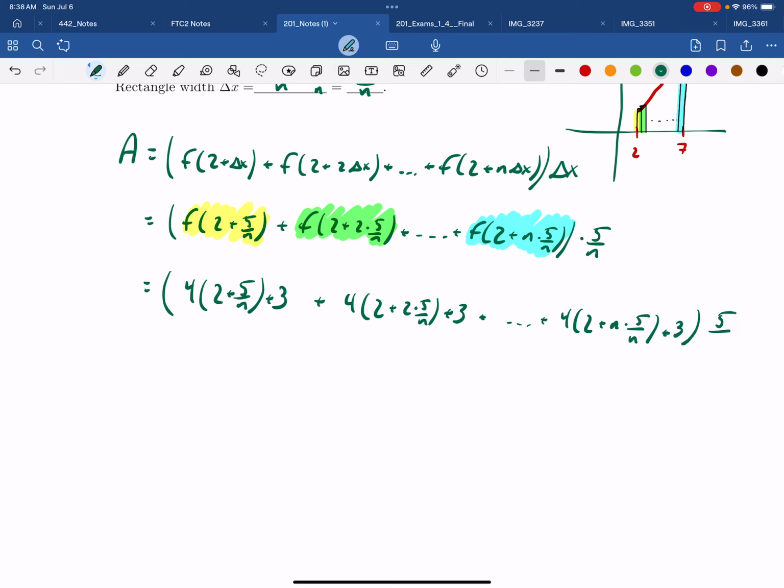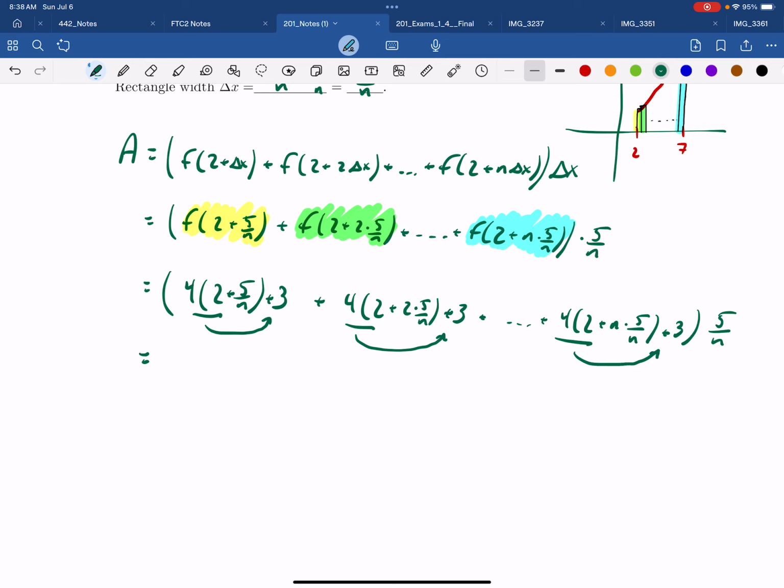And then all of that is being multiplied by 5 over n. Bunch of algebra at this point. I'm just going to multiply these two together, add this, multiply these two together, add this, multiply these two together. Add this. Okay, let's see what we get.